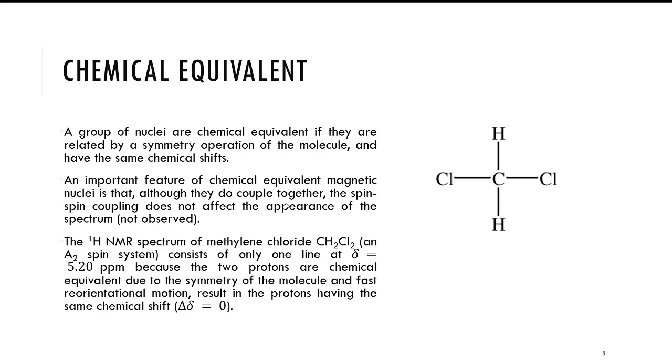Here you have methylene chloride, an A2 system. It consists of only one line because the two protons are chemically equivalent due to symmetry, and so they have the same chemical shift.